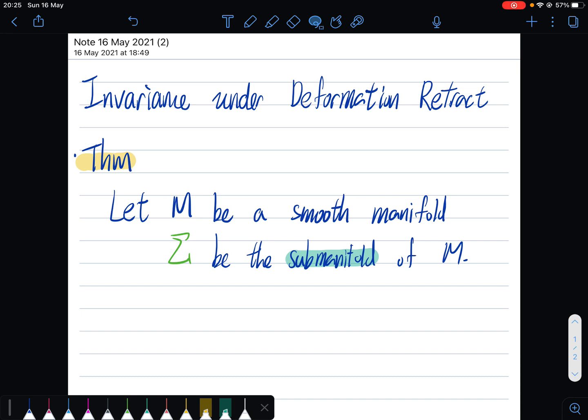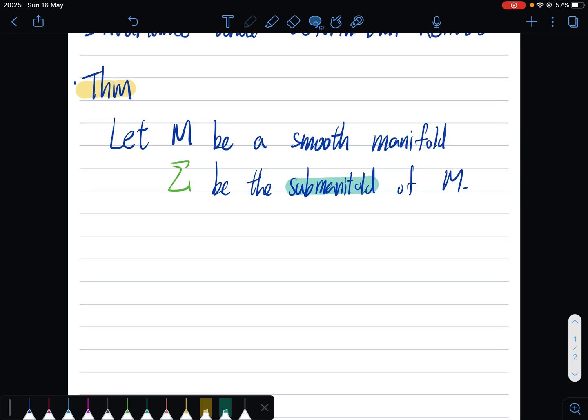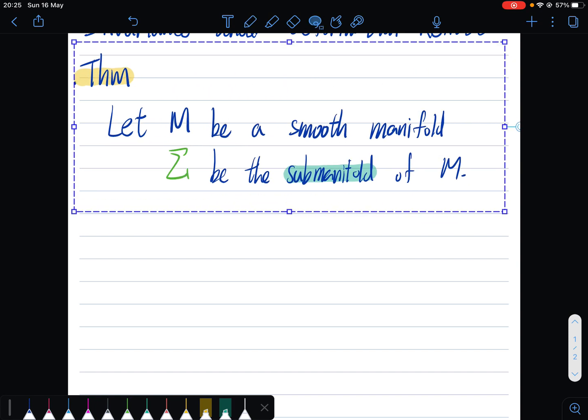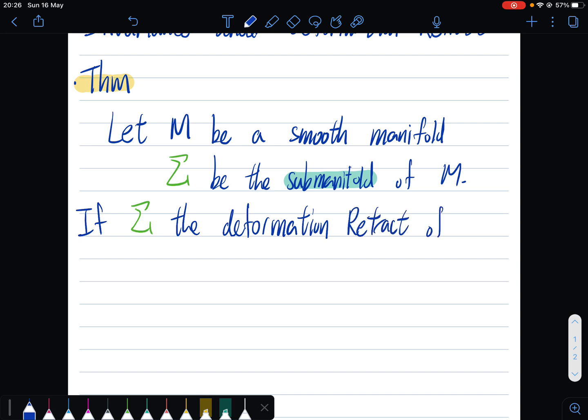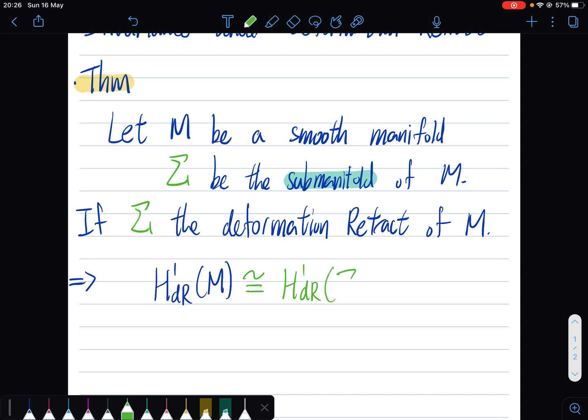This theorem is all about, first, we let M be a smooth manifold and sigma be a submanifold of M. And then if sigma is also the deformation retract of M, then it implies that the first Dirac cohomology group of M is isomorphic to the first Dirac cohomology group of sigma.